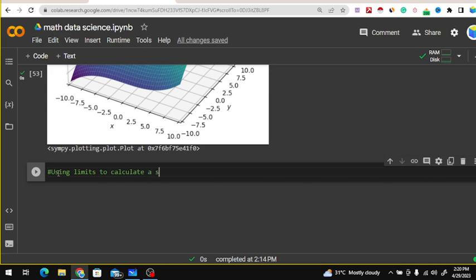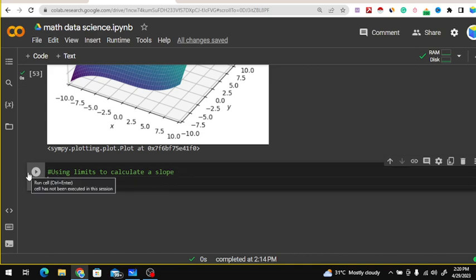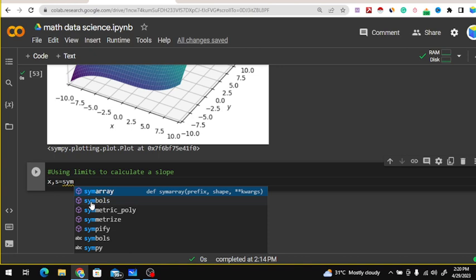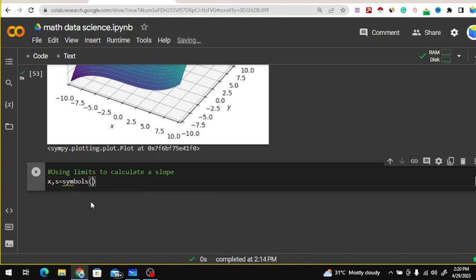First we create x and a step size s: x, s equals symbols x, s inside the syntax.